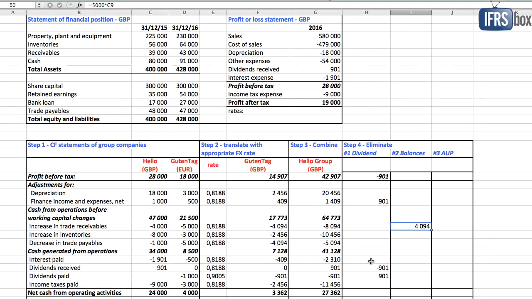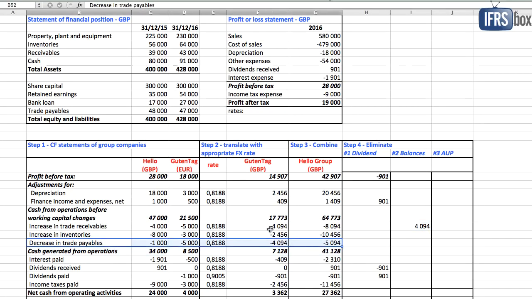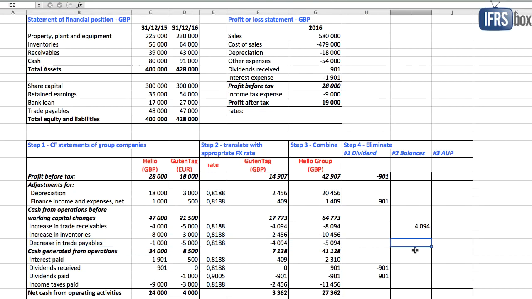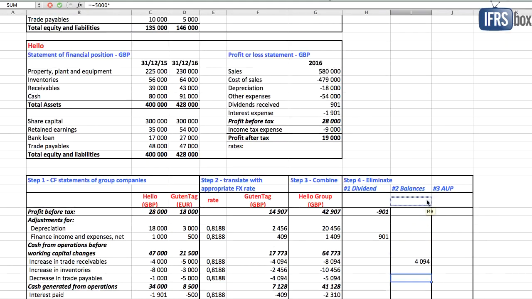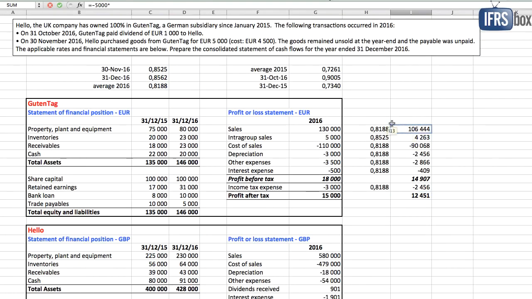The parent Hello had an intragroup payable of 5,000 euro. This affected the decrease in trade payables line. Without this intragroup payable, the decrease would have been higher by 5,000 euros, so we deduct this amount. What rate? The parent's cash flow statement was prepared from its balance sheet, and the intragroup payable was translated by the closing rate there.